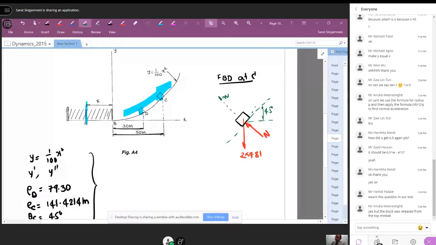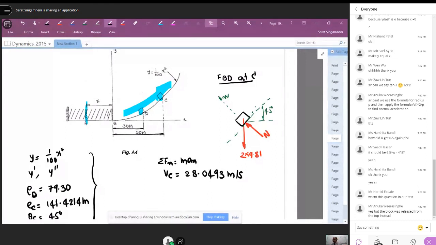You can write sigma Fn equal to mass times An. You know what to do with that. We will get what is the velocity with which it is moving to satisfy the given condition. You will get 28.0493 meter per second. So from the free body diagram, we got that velocity.